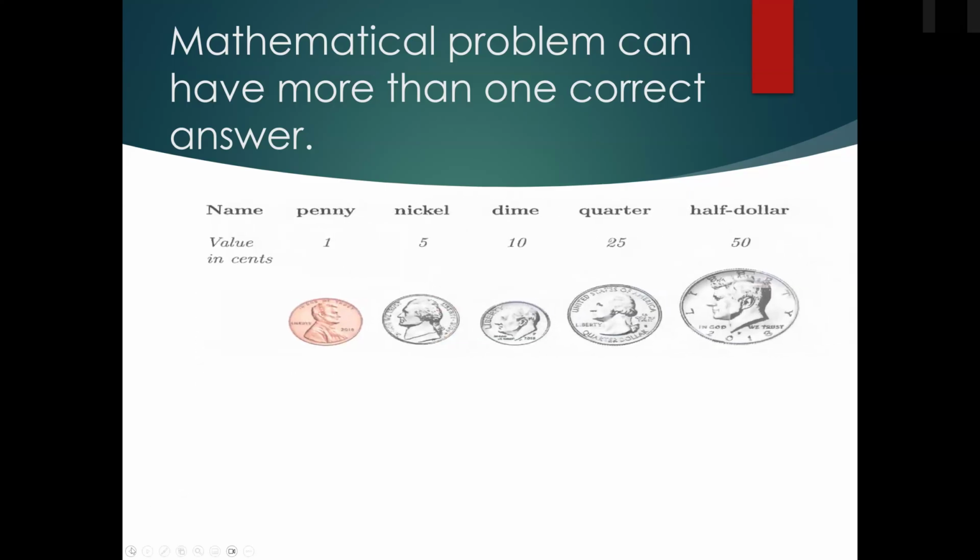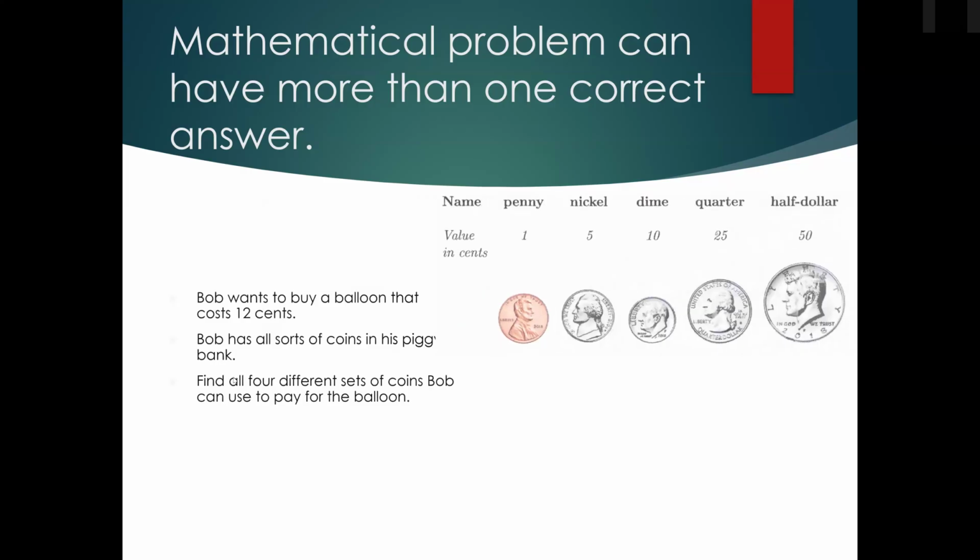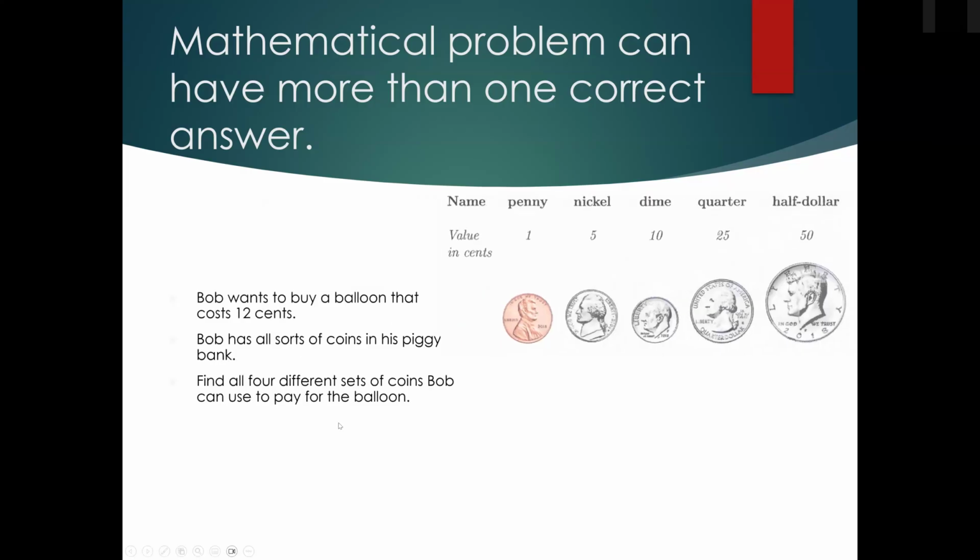So, like the last problem, we are looking at combinations or sets of coins. However, in this problem, we're given the cost and we're asked to find the coins. Whereas the last one, we were given sets of coins and we were asked to find the cost. So it's like the last problem, but backwards.